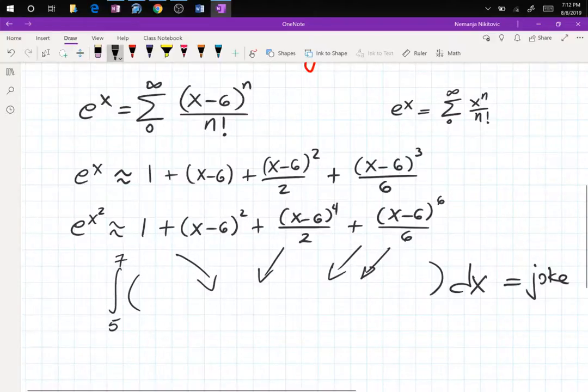You can center it also at 1.1, but that's just going to be a lot more annoyance, because from 1 to 1.2 on the interval, there are not going to be that many issues with the Taylor polynomial. Now 5 to 7 is a big problem if you center it at 5, and then 7 is 2 units away. So center it at 6 to minimize the amount of error.